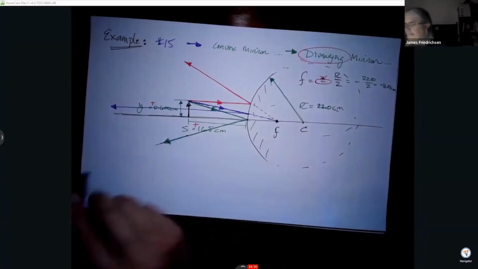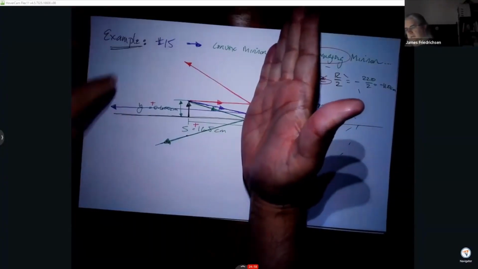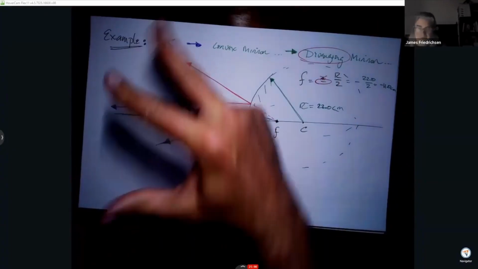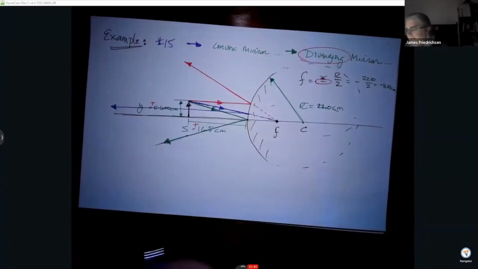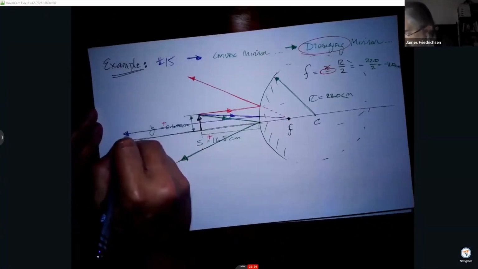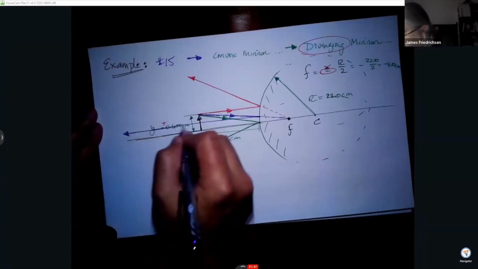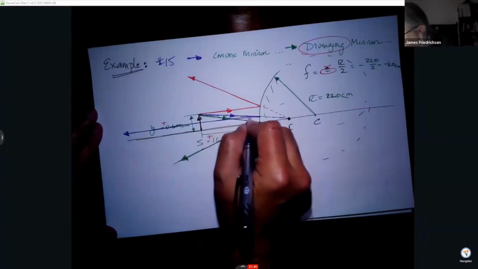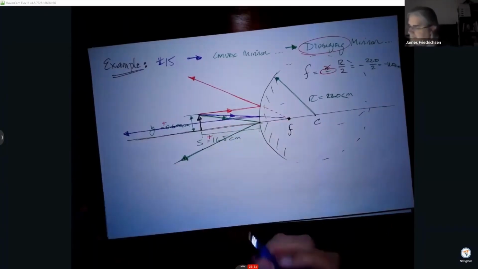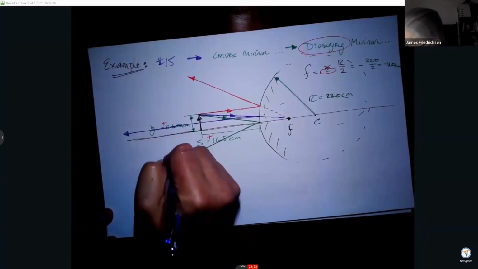And what we notice is that the outgoing rays, this one, that one, and this one, diverge. So then what we'll need is a viewing eye to trace the outgoing rays backwards. I guess I didn't use blue yet, so we'll do blue.